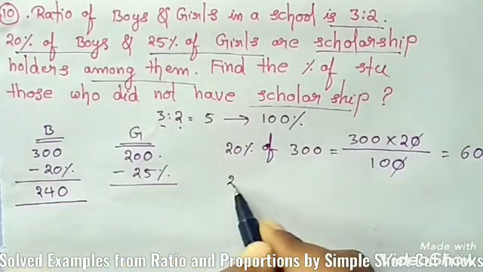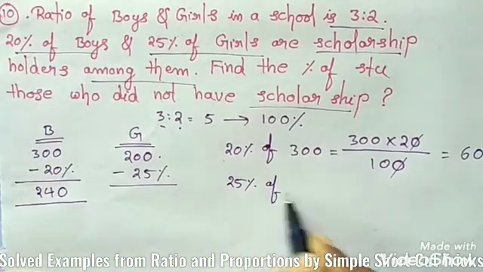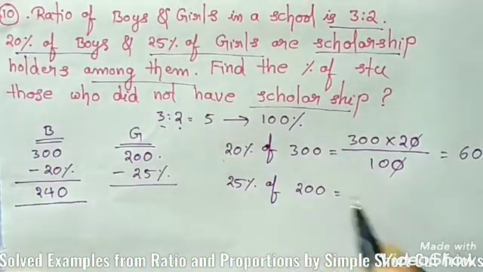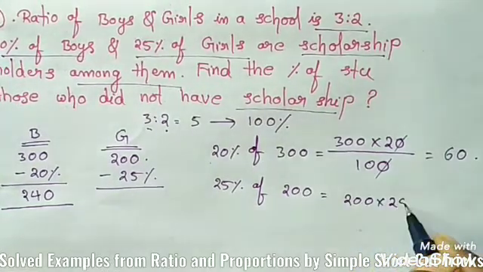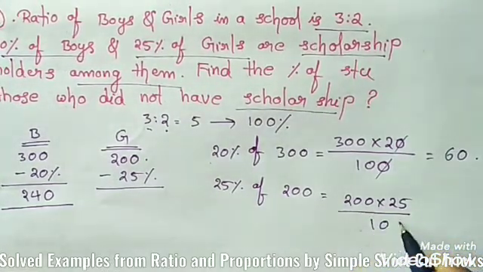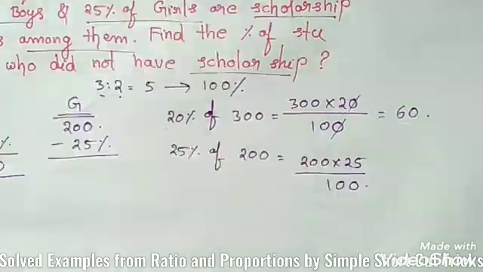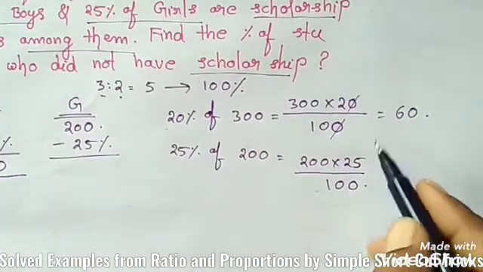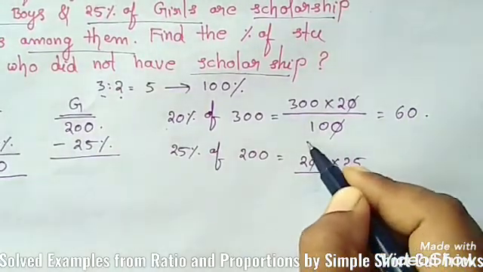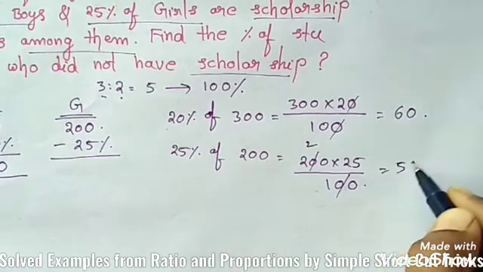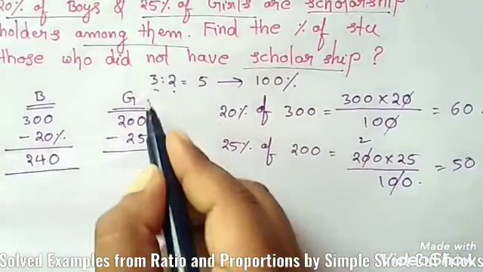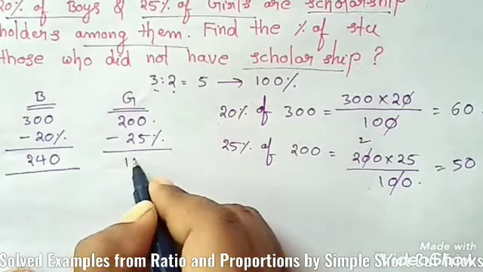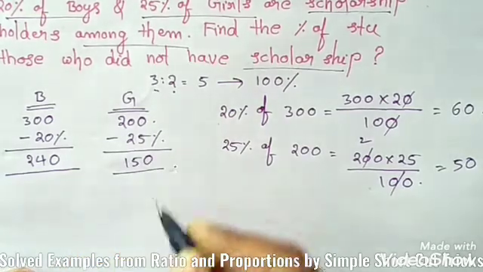Here also, the same: 25% of 200. You have to calculate 200 into 25 by 100. In this 100, 2 times, so 50. You subtract 50 from 200, so you will get 150 here.